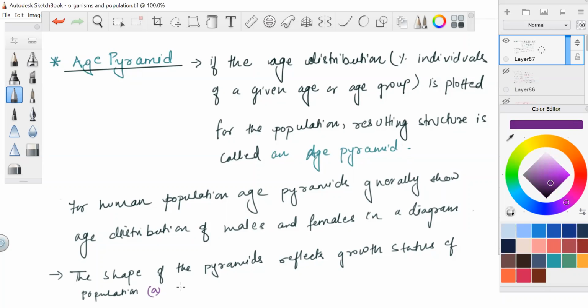So what is the growth status? First, whether it is growing. B, whether it is stable. C, whether it is declining.